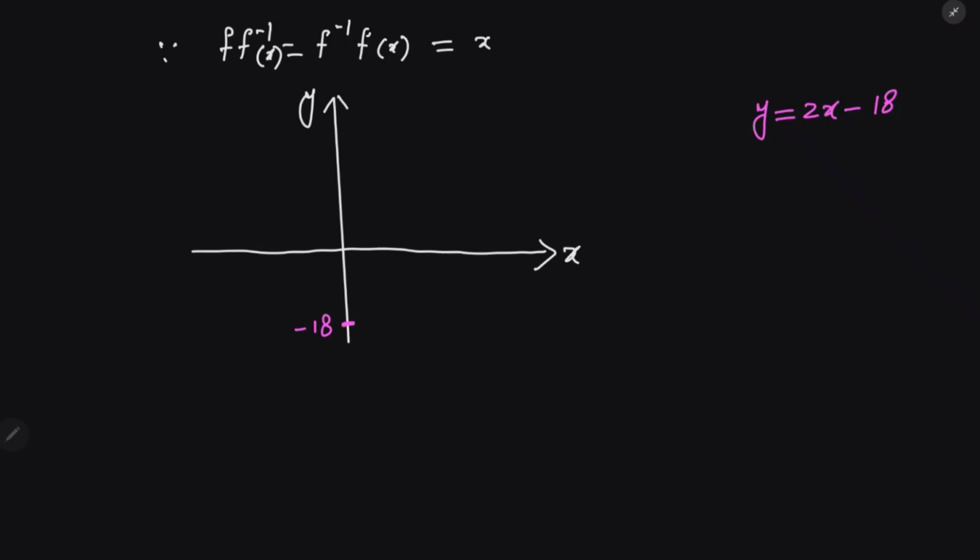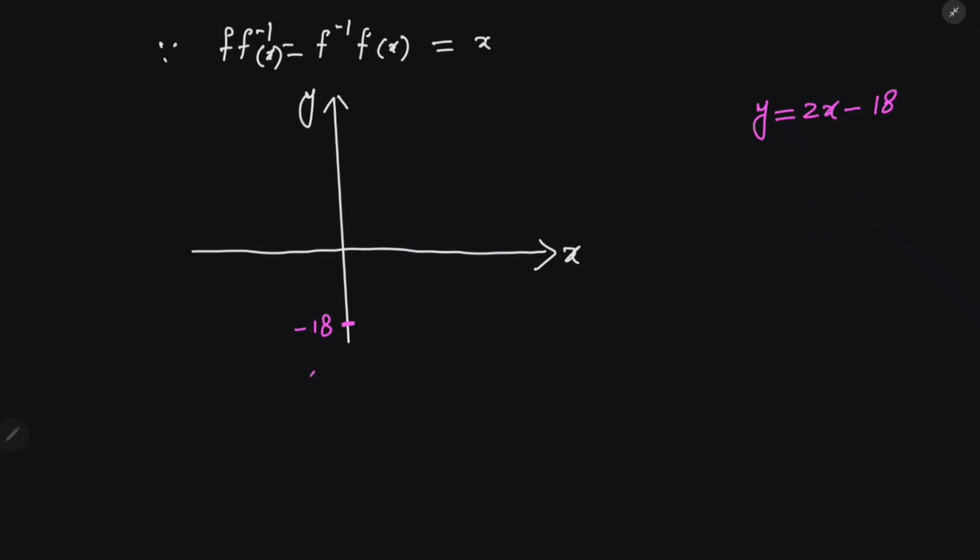It is not up to the scale, but we just want to learn how this function looks like. And it has a slope of 2. And on x-axis, y is equal to 0. So we get 2x is equal to 18 and x is equal to 9. So it should pass from 9.